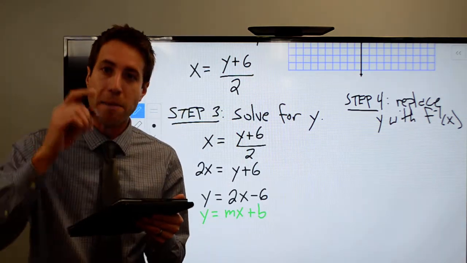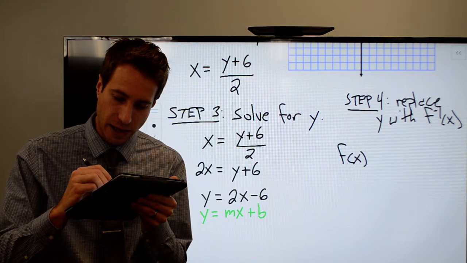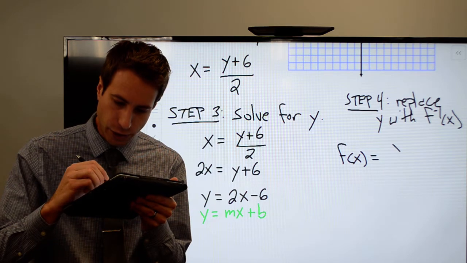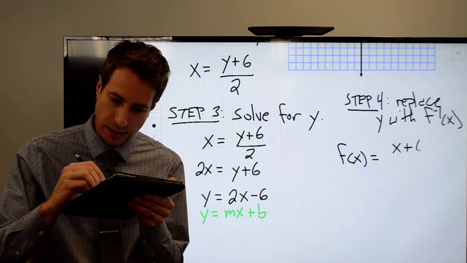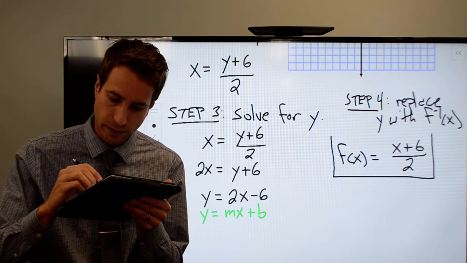So here's what I've got. My original function, if you remember, you were given f of x is equal to (x plus 6) divided by 2. This was my original function.